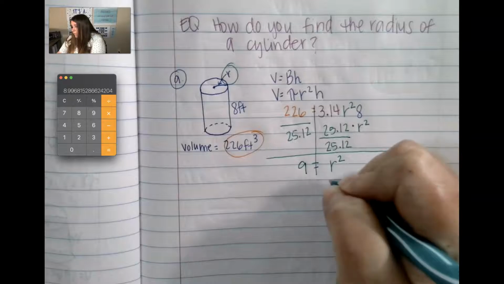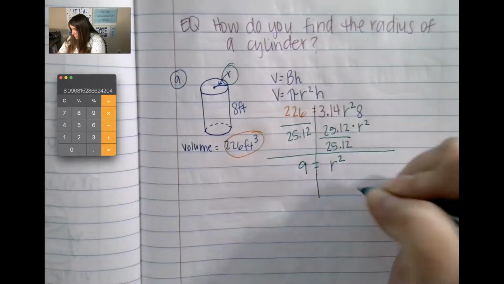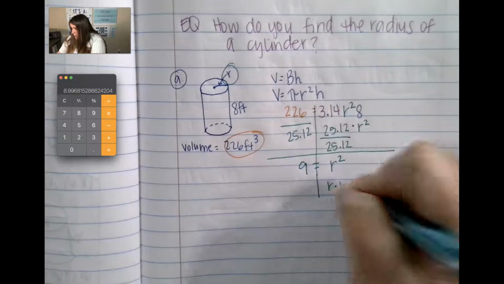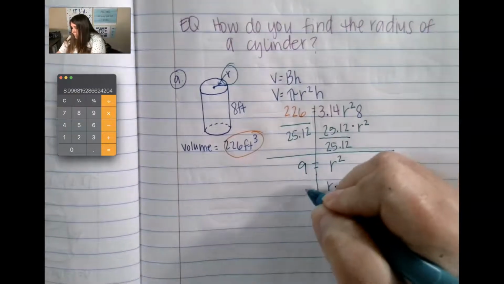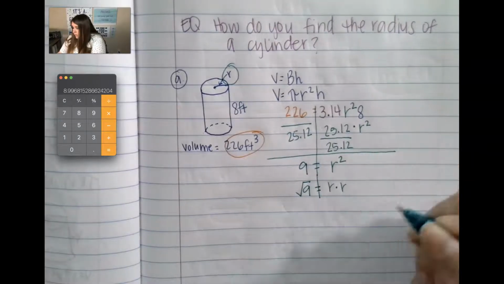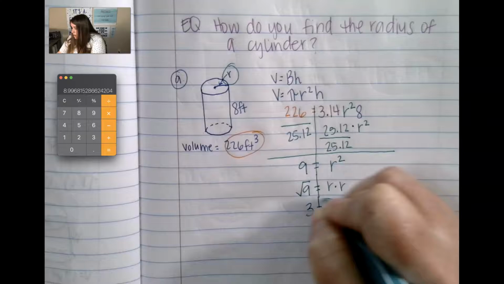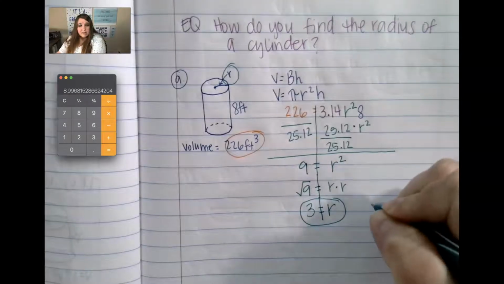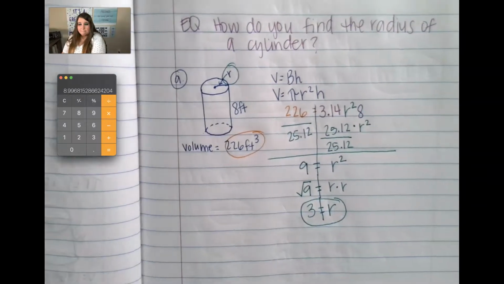And for r squared, we're going to need to find the square root. So r times r, we just want one r here, right? So we're going to say the square root of 9 equals r. And so 3 equals 1 r. So our radius is 3.